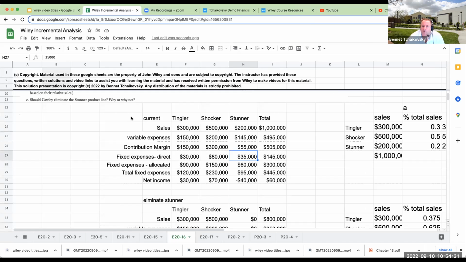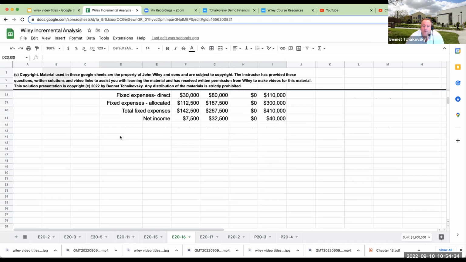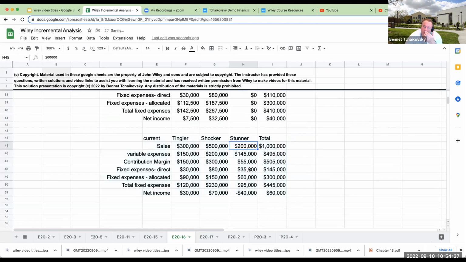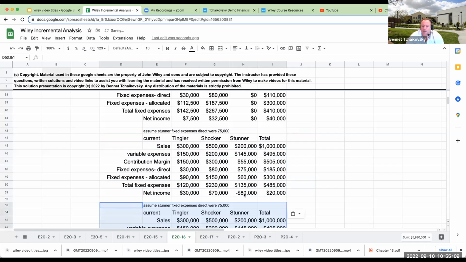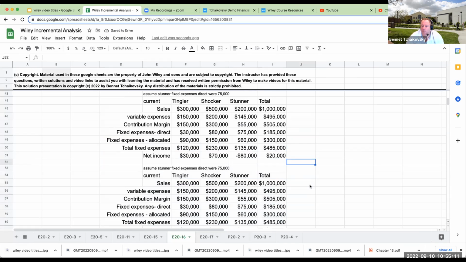However, when would they want to eliminate it? So over here, what if the direct fixed expenses were, say, 75,000? Let's just make this up. So assume that they're actually 75,000, and if we eliminate Stunner, what would happen?